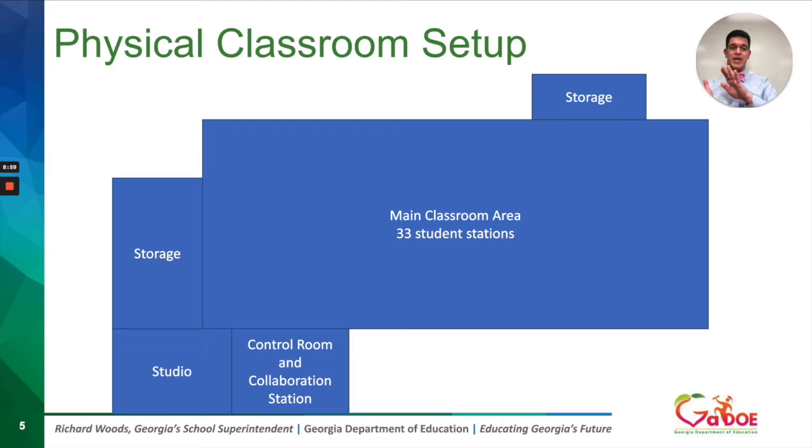I have all my beginning students sit on this right side of the main classroom, and I fill it up with beginning students from the right over. Then my intermediate, advanced, and mastery students sit on the left side of the classroom. The reason is that it's closer to the studio room, and they're working more in the studio than some of the beginning students.